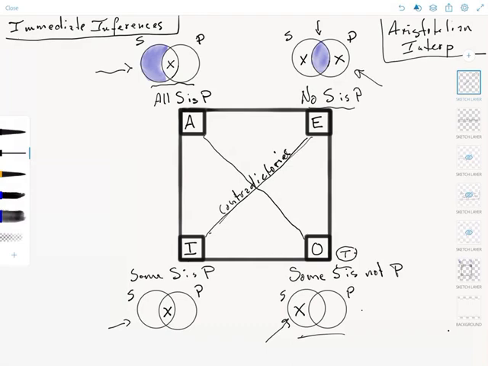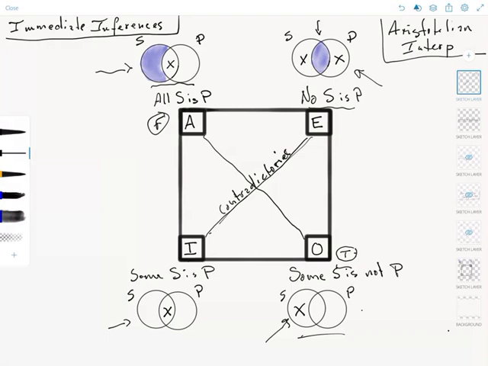So let's take as our starting point this A, and we'll say that the A is false. Now ask yourself this question. If A is false, what is it that would make this assertion false?